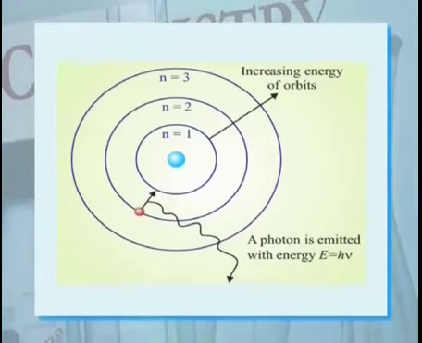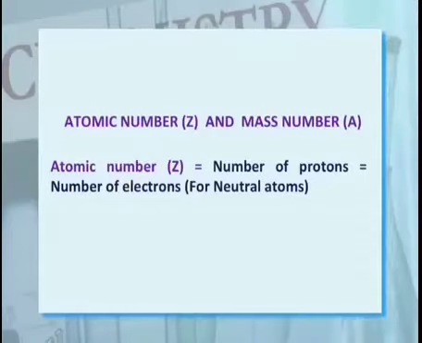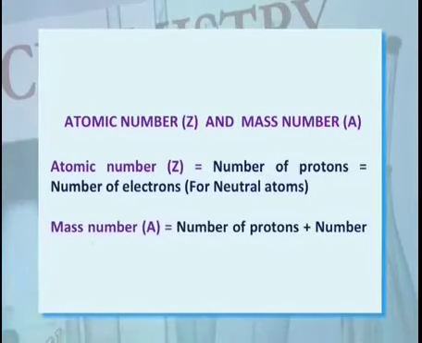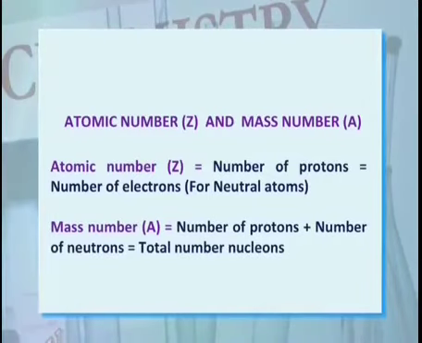Now, the next concept is atomic number and mass number. Atomic number is equal to number of protons, that is equal to number of electrons for neutral atoms. Mass number is equal to number of protons plus number of neutrons, that is equal to total number of nucleons.